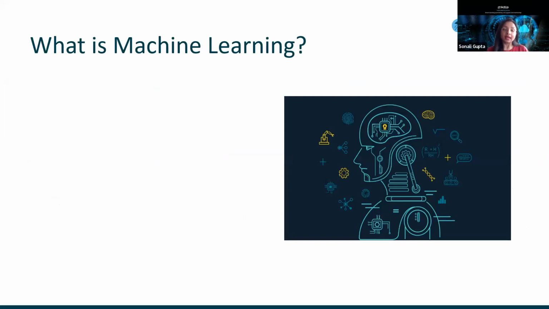Now, then we talked about what is machine learning. So what is machine learning? When we talk about machine learning, what do we understand by that? Anybody? Okay, supervised and unsupervised, definitely with algos.